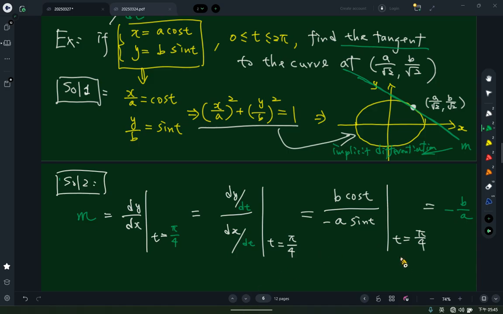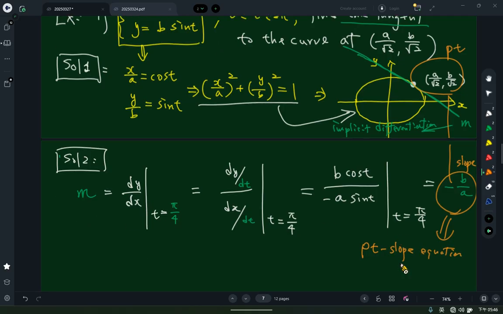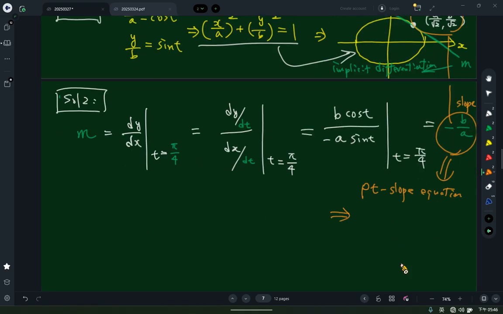So you can use the point, this is the point, this is the slope, and by using the point slope equation, we can get the tangent.